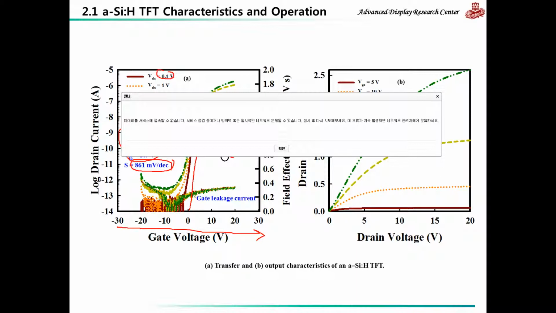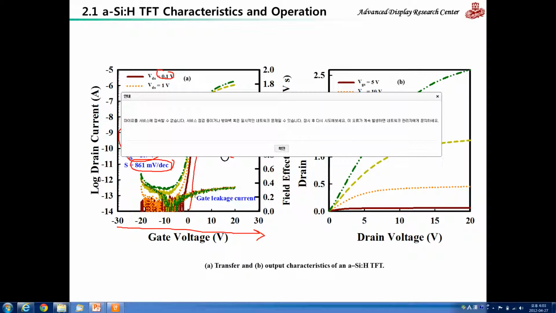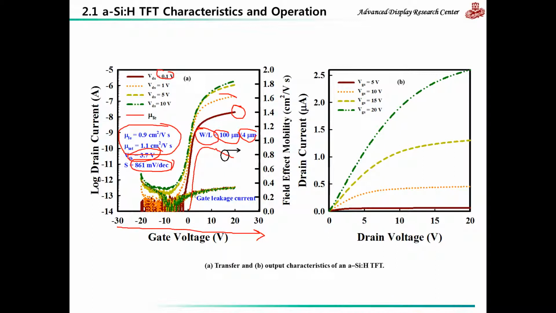This one is the transfer characteristics at a drain voltage of 1 volt. This one at drain voltage of 5 volts, and this one at drain voltage of 10 volts. Whereas for output characteristics, we sweep the drain voltage and we hold the gate voltage at a specific voltage.